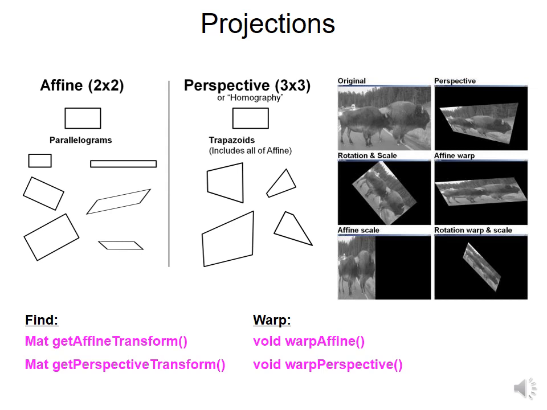So perspective transformation can transform like this. This is the original image of a buffalo, and using perspective transformation we can transform it like this, and this is affine transformation: rotation and scale, affine warp, affine scale.